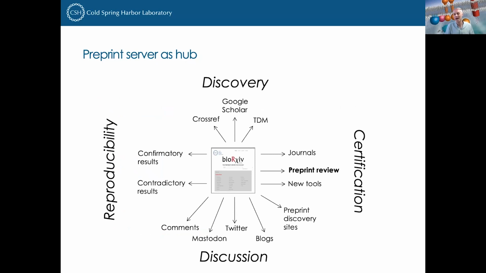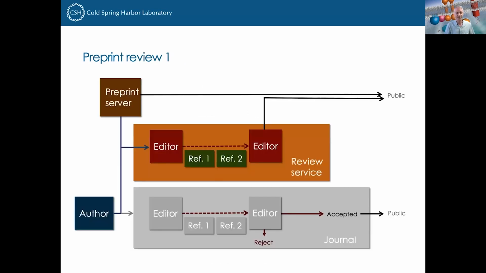And we also want to enable ways in which the work can go on to be evaluated by the scientific community, most notably through traditional journals, but also the growing idea of preprint review, in which the peer review process, just like the dissemination, becomes decoupled and doesn't all have to take place within the journal world.